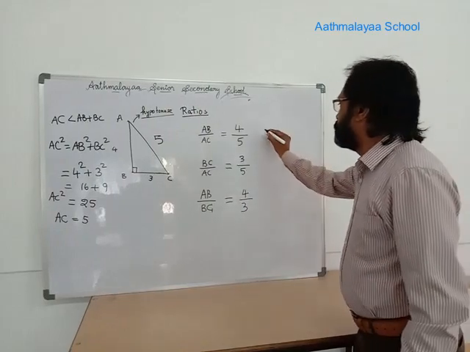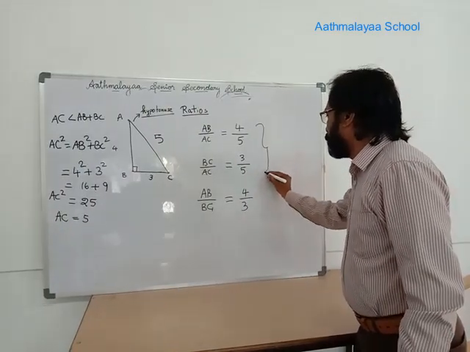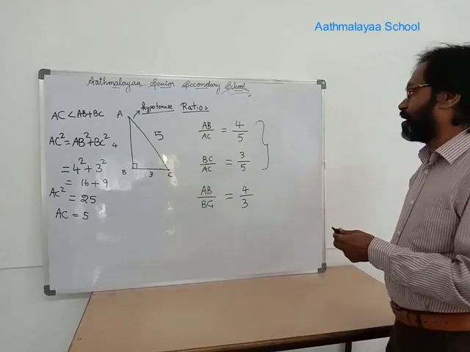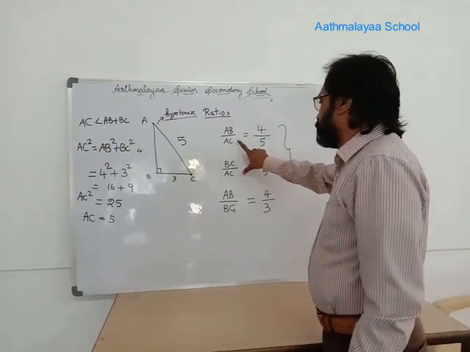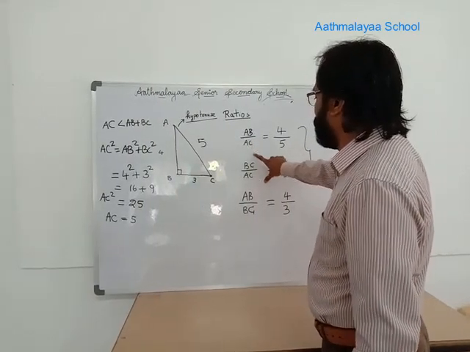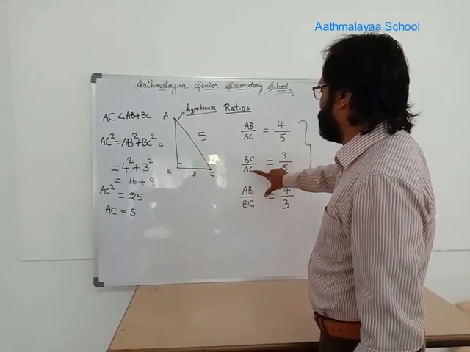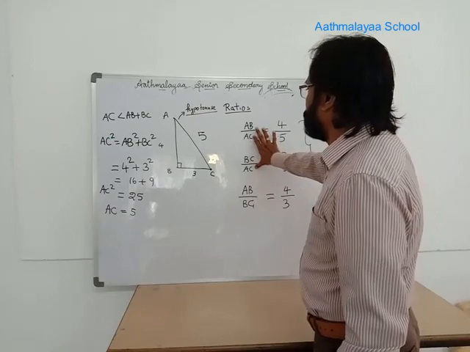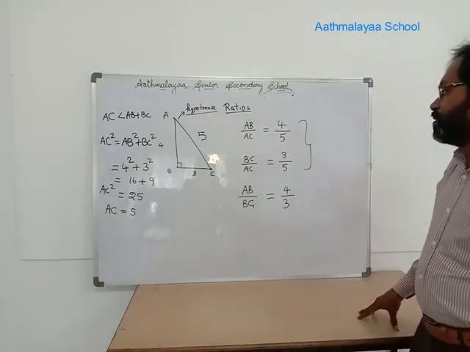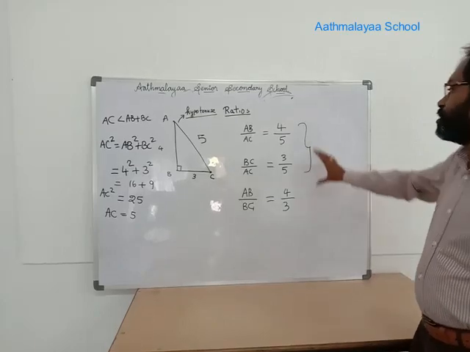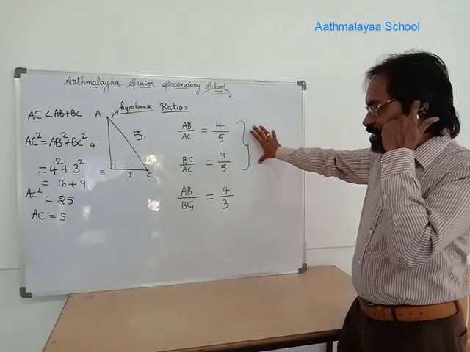These two are of one kind. Why are these two of one kind? Because these two have the same denominator, AC, and AC is nothing but the hypotenuse of the triangle. So we are much interested in these two ratios at the first stage.